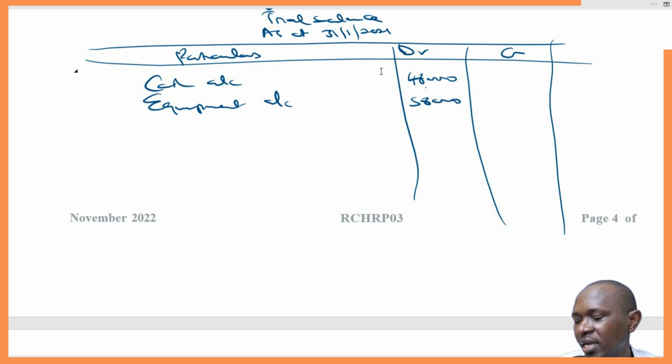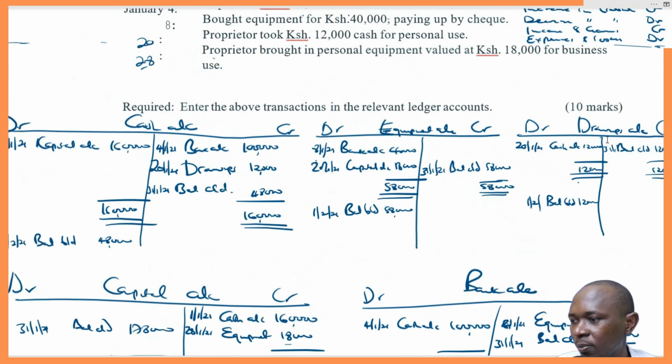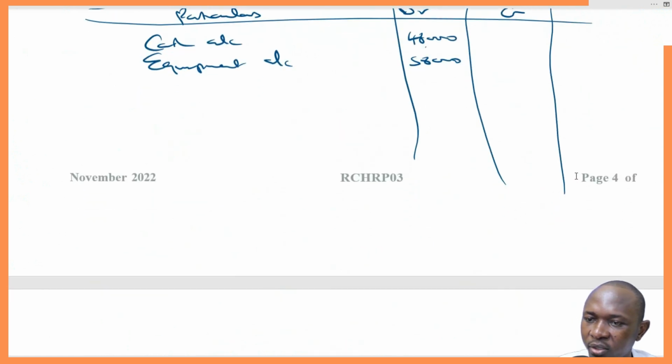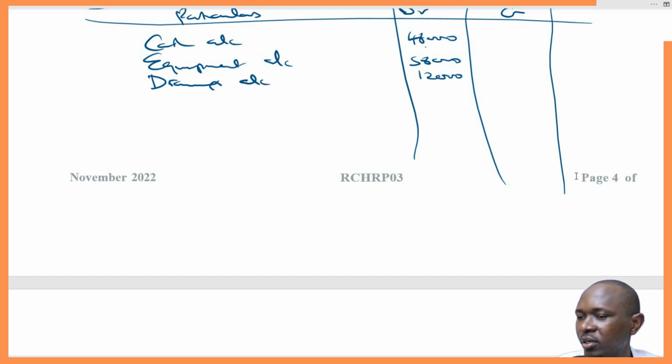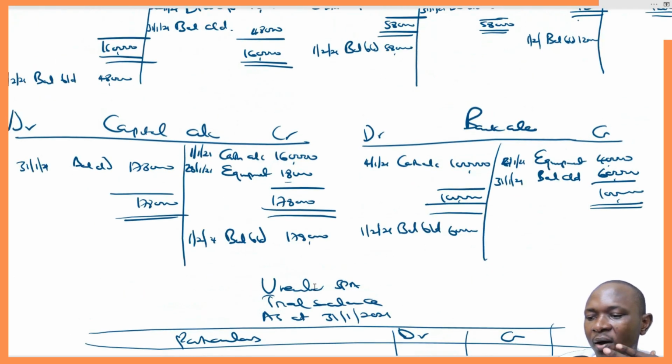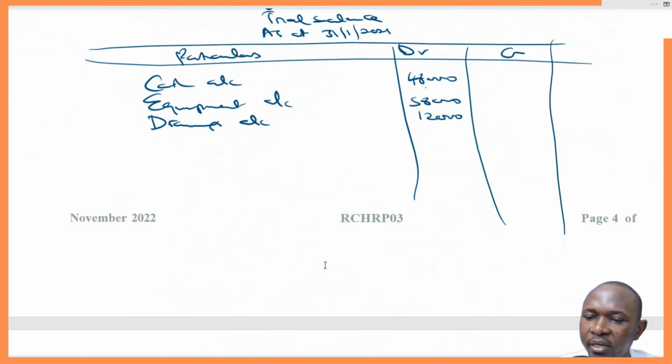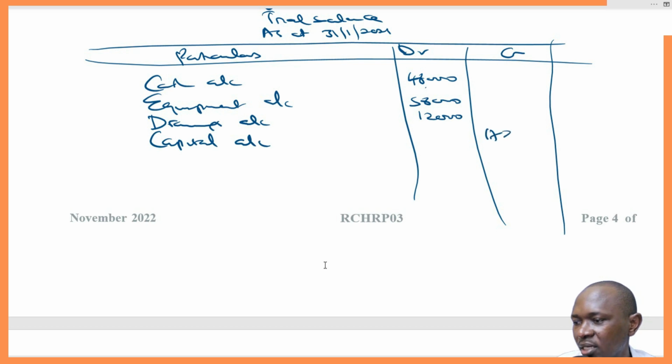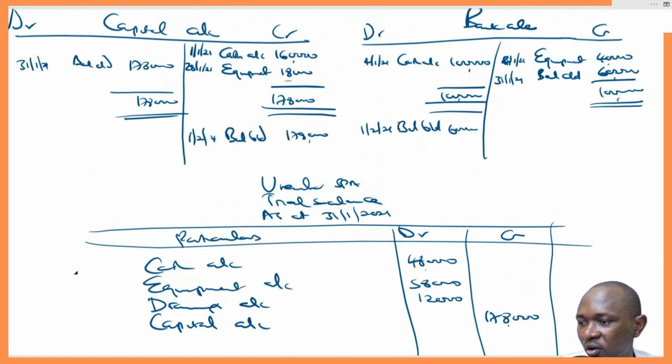Then you go to the next one. Drawings account, 12,000 debit side. Then capital account, 178,000 credit side. We are picking the balance brought down, how it will appear the following month.